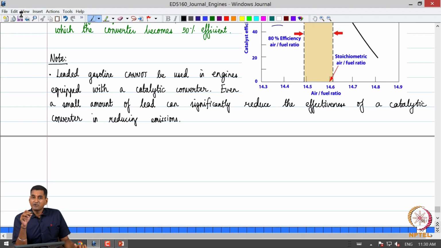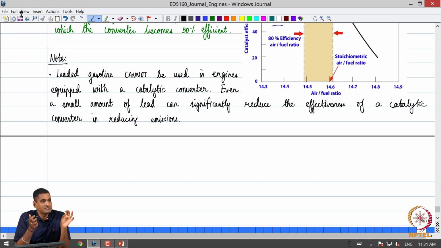Now, if you recall, in compression ignition engines or diesel engines, one of the main components of the engine exhaust was also the soot particles. Why? Because diesel has a higher molecular weight, and when it dissociates, some of the carbon in the high molecular compound may remain unoxidized.